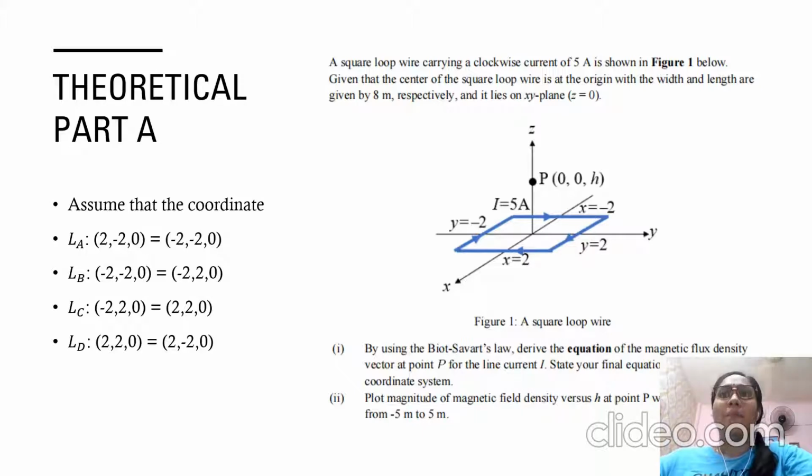So, my part is to explain part A, Roman 1. Okay, so let me explain. By using the Biot-Savart's law, derive the equation of the magnetic flux density vector at point P for the line current I. State the final equation in a coordinate system. So the first step is to assume the coordinates of LA, LB, LC and LD as such.